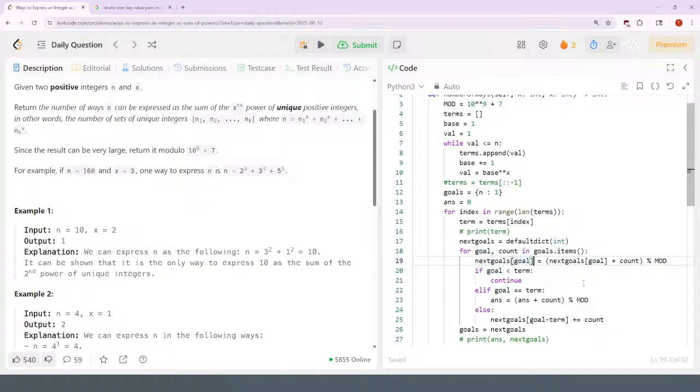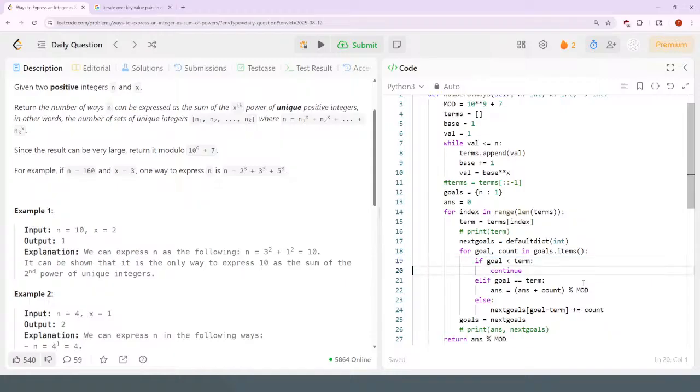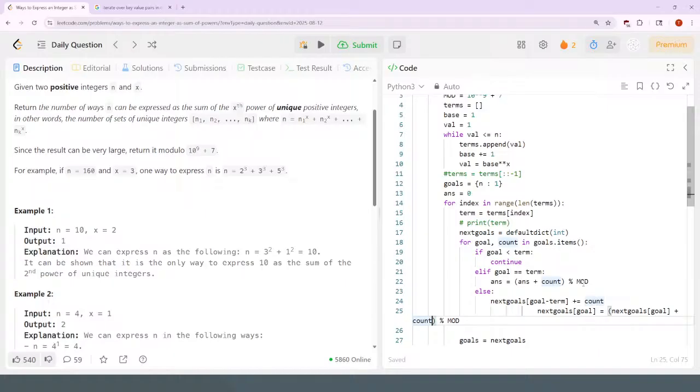So I think if I put this here, if ever I see a goal that is smaller than the term, where the terms are only getting bigger, then I don't need to include that in the next set of goals.